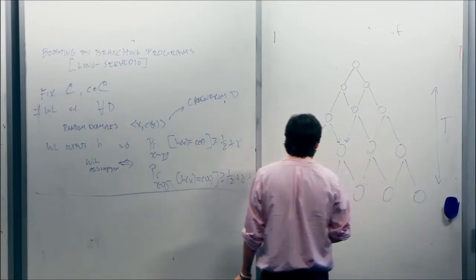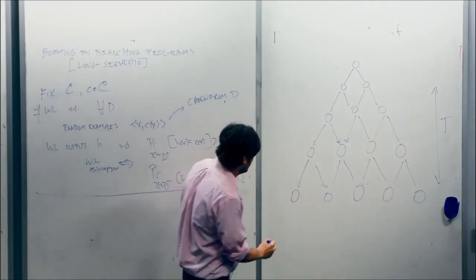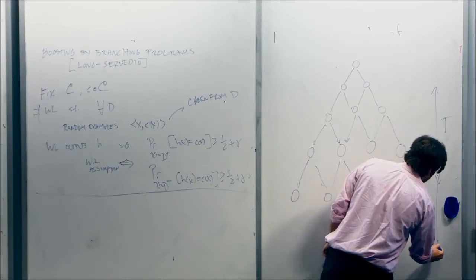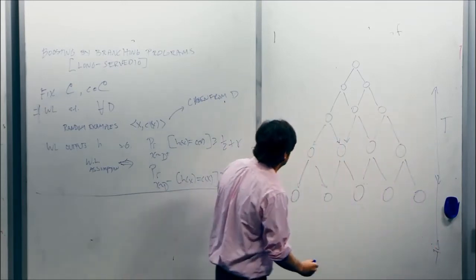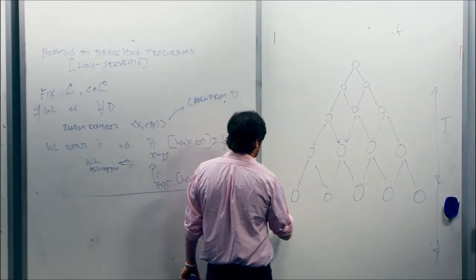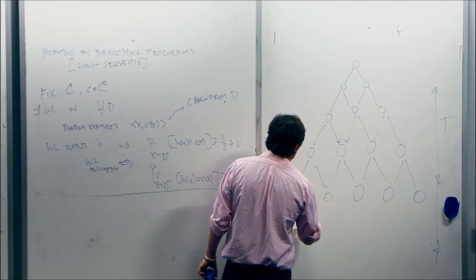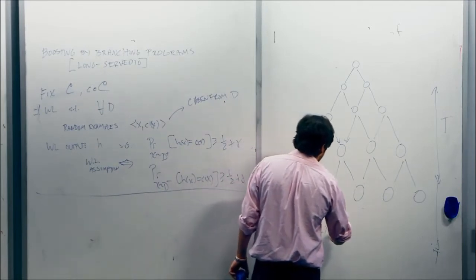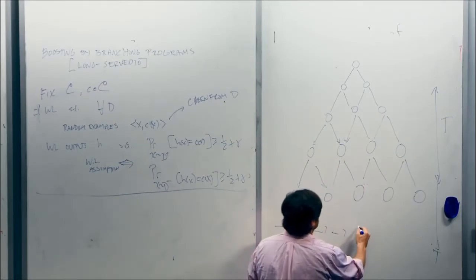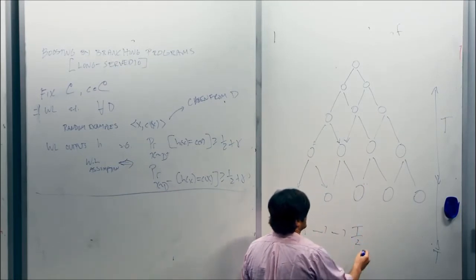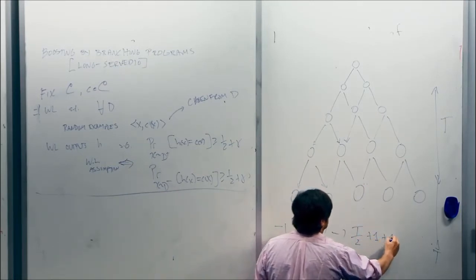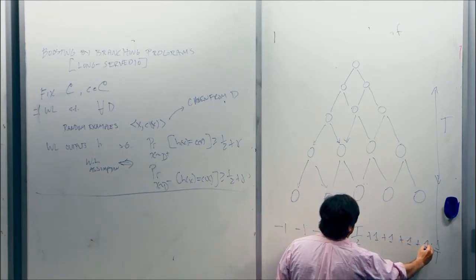At the leaves, it'll place -1, -1, -1, -1, until we get to index T over 2. Then it'll start placing +1s.